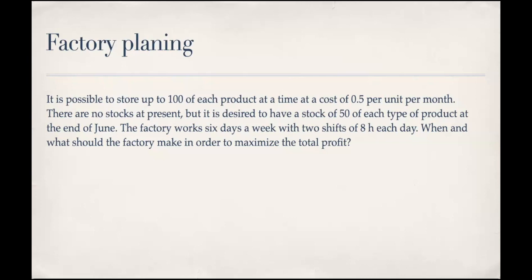There are no stocks at present: at the beginning of January, there is no stock for each product. But it is desired to have a stock of 50 of each type of product at the end of June. Once you finish the 6th month, you have to hold a stock of 50 of each.